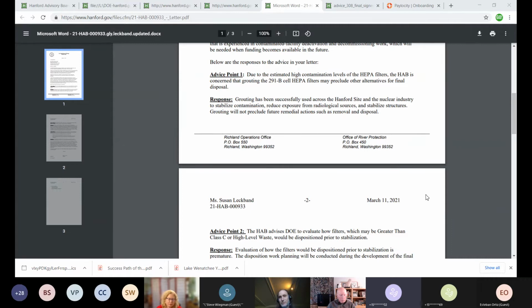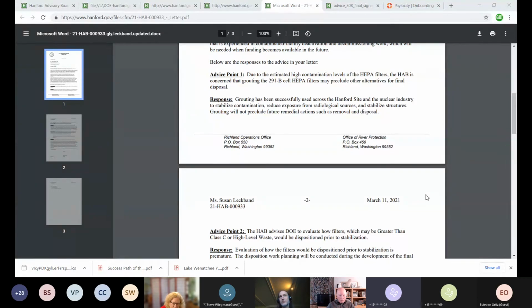And so while it's technically true that grouting itself can be removed if it needs to be removed, you have basically changed the waste form to just increase in volume astronomically.